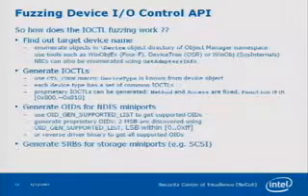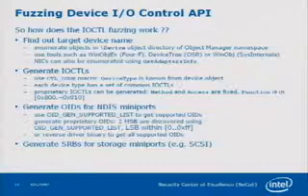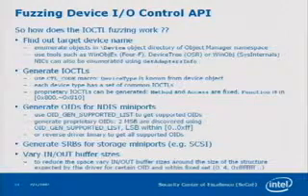I will explain that in the next slide. OIDs are supported by NDIS mini-port drivers, by network drivers only, but we have lots of other types of drivers. I will not cover this example here, but for storage mini-port drivers like SCSI drivers, the fuzzer needs to generate SRBs in the same fashion instead of object identifiers.